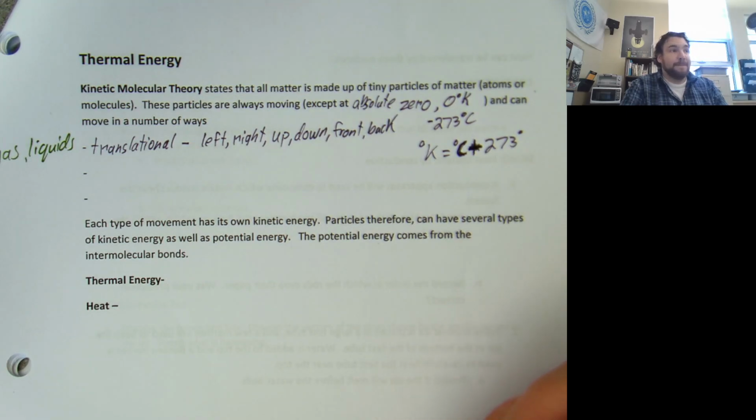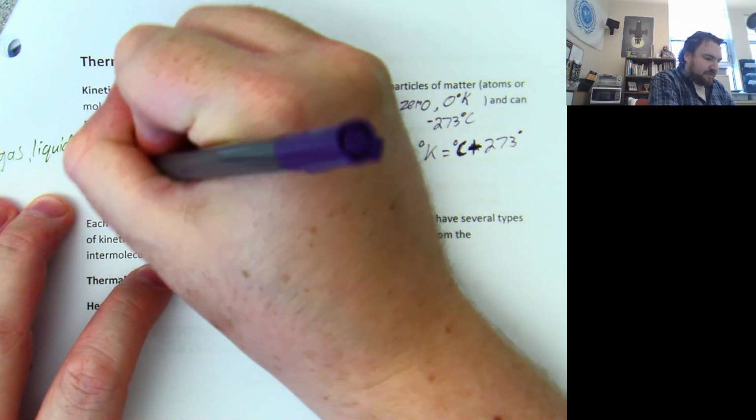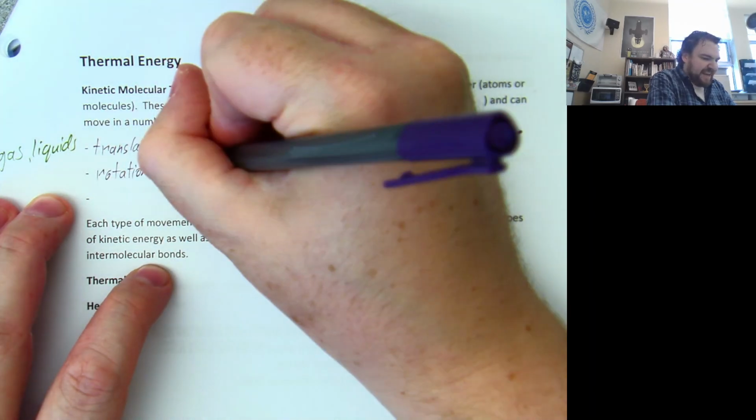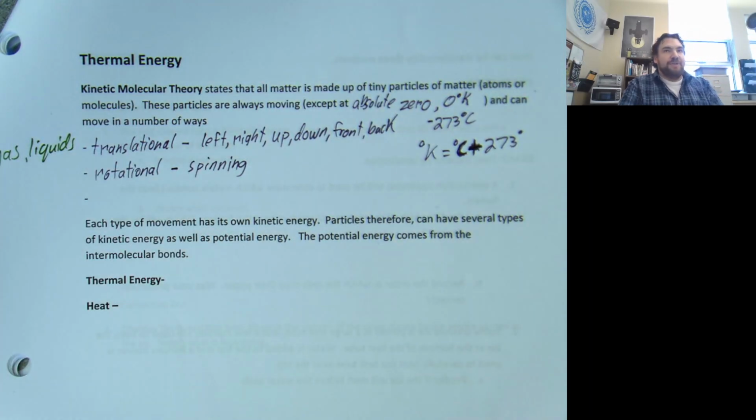Sure. You can spin. We call that rotational. This is spinning. And there's all sorts of ways that you can spin. You can spin like this. If you were at the top of the stairs and someone pushed you down, you could spin head over foot.